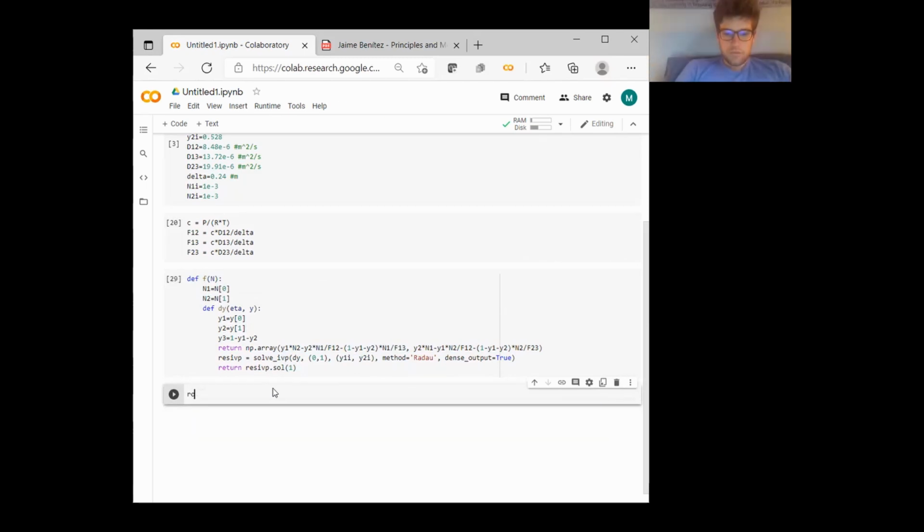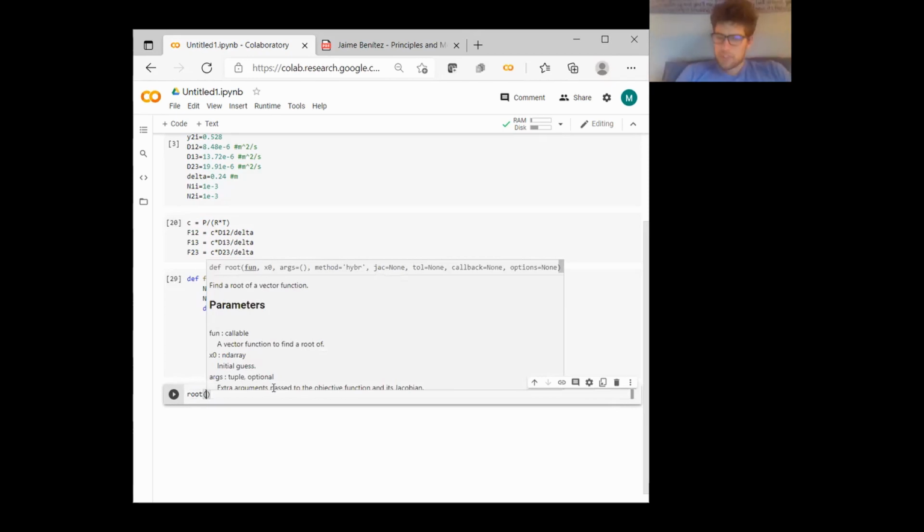So we're going to take a root solver, and we're going to first see what a root solver needs from us in order to be able to use it. Well, we see that we need a callable vector function to find a root of, and an array, an initial guess.